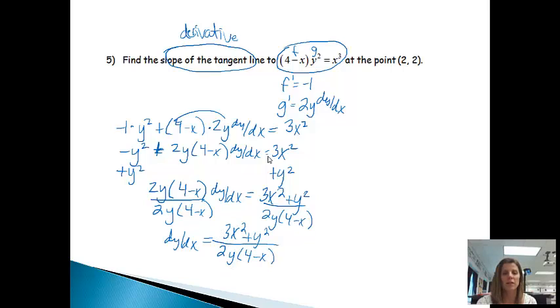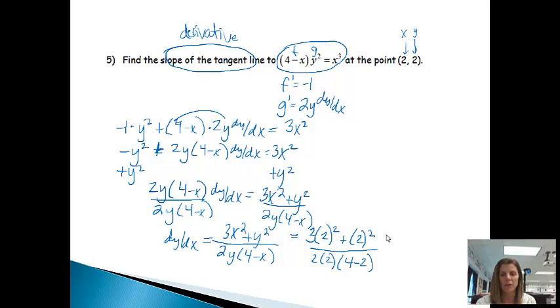Okay, that's nice, but it did ask us to find the slope of the tangent at the point (2, 2). So we know that this first 2 is our x value and the second 2 is our y value. So now all we need to do is plug in 2 and 2 for our x's and our y's. So we'll have (3 times 2 squared plus 2 squared) over 2 times 2 times (4 minus 2).